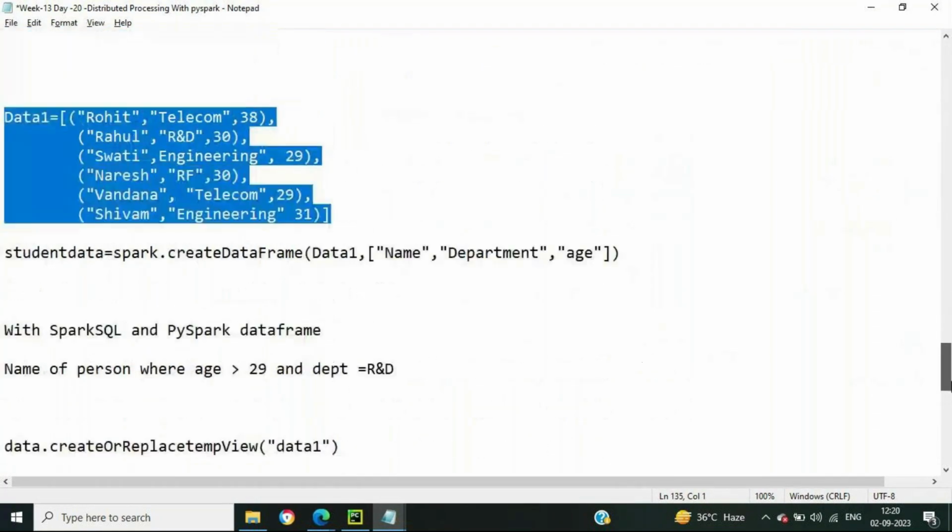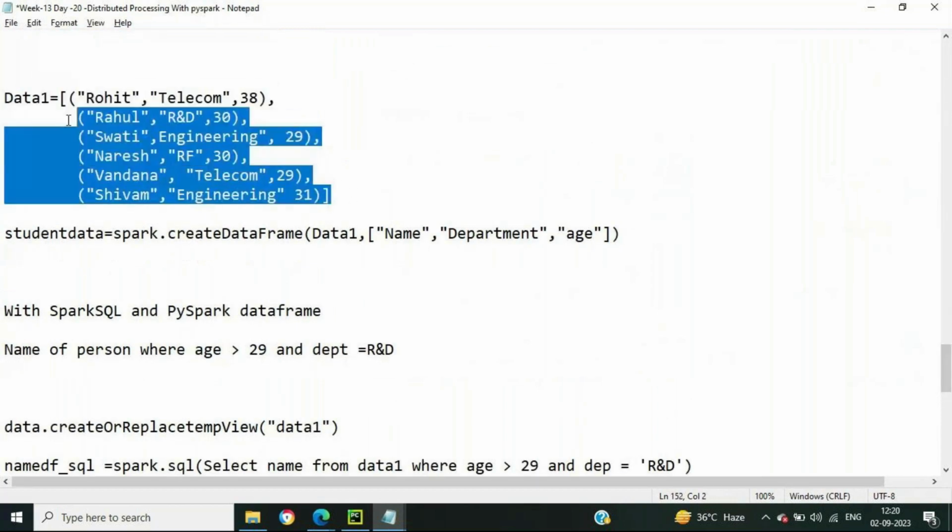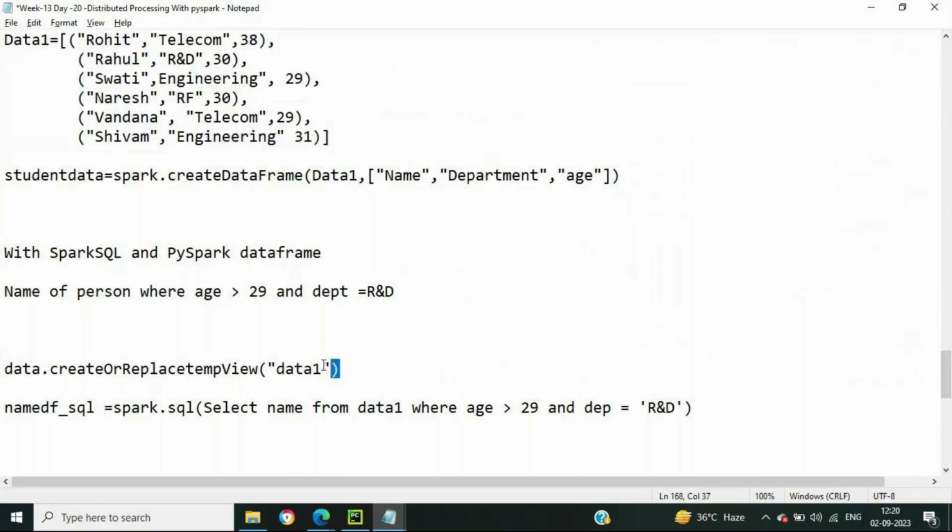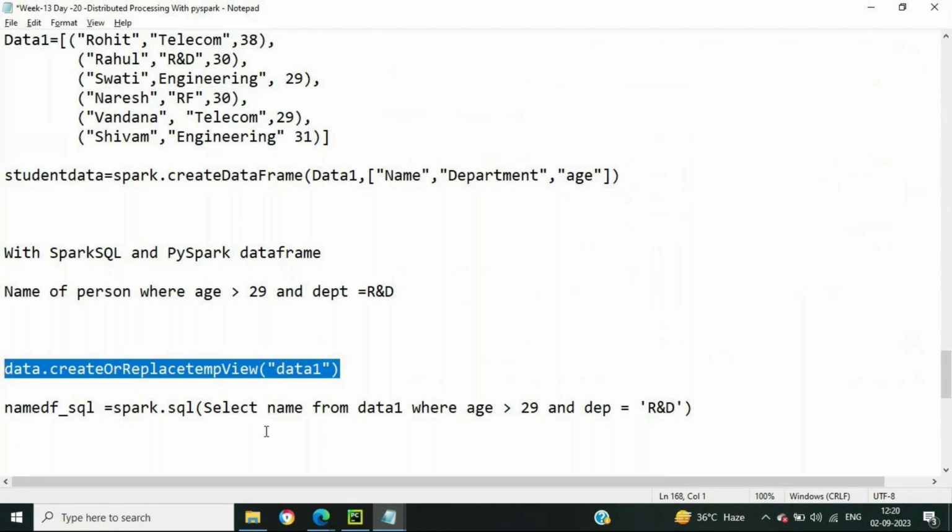Rahul? Query is fine. There is not an issue.